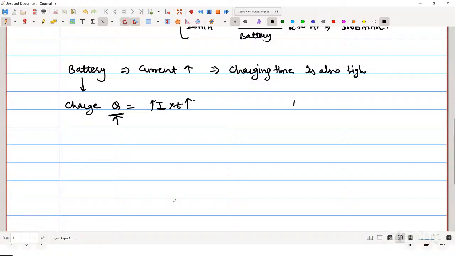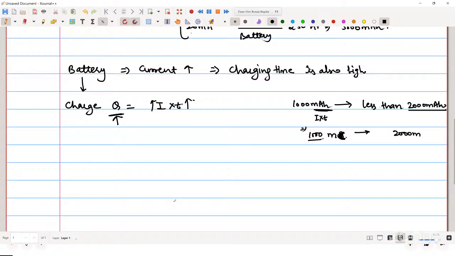For example, a 1000 mAh battery will take less time as compared to a 2000 mAh battery. If we increase the current, this is the current multiplied by the time, I multiplied by T. So Q is 1000 micro coulomb for one, and for the other we are given 2000 micro coulomb.